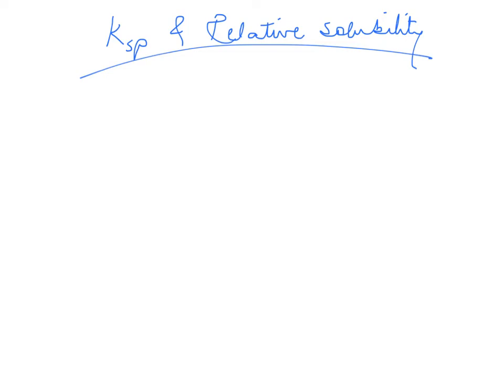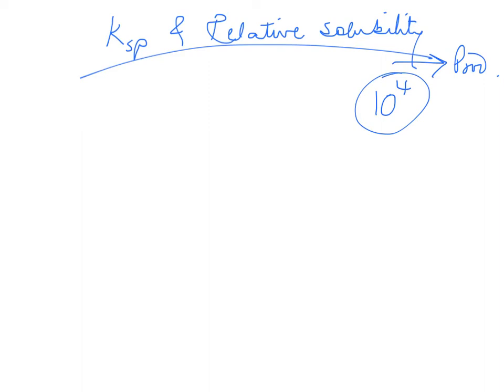Yes, I said that with respect to the law of mass action: if you have a higher value, let's say 10 to the power of 4, that means essentially the equilibrium is lying more towards the product side. In that sense, yes, but you can't just compare.